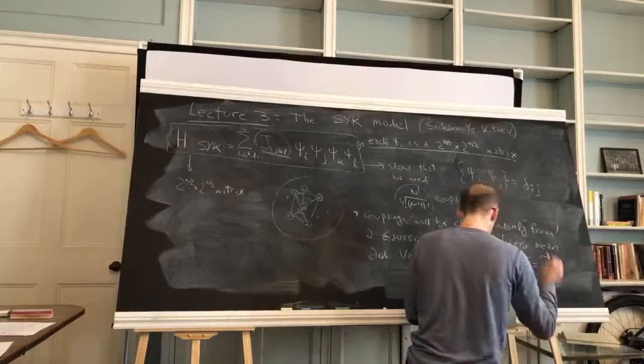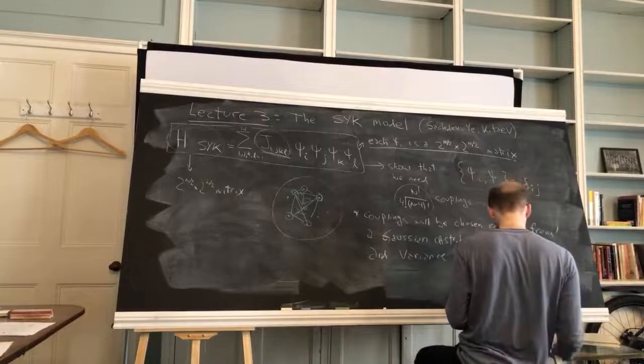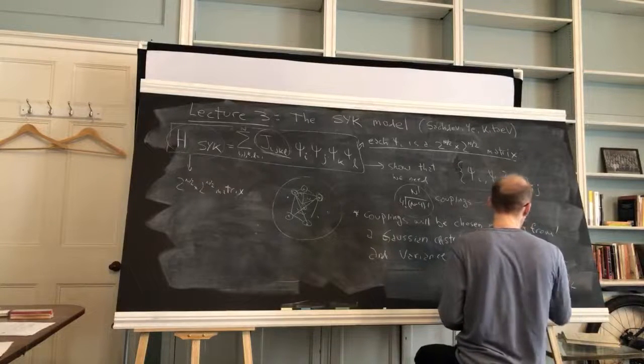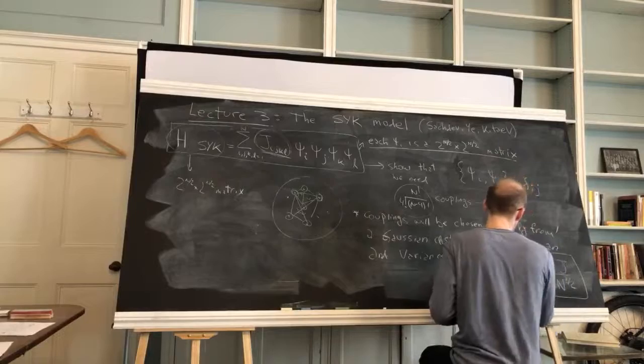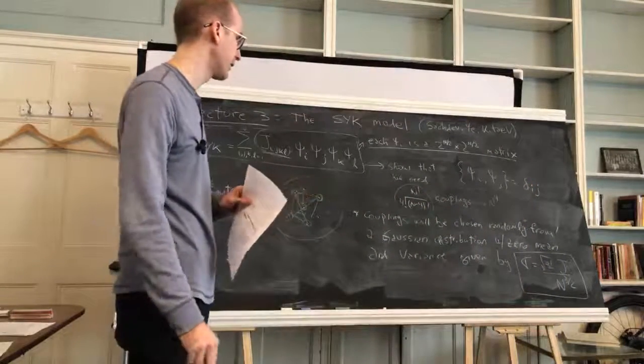There will be some normalization over here that we don't care about. There will be a capital J with no indices that will be important, and a very particular scaling with n. And this will be key for our analysis.